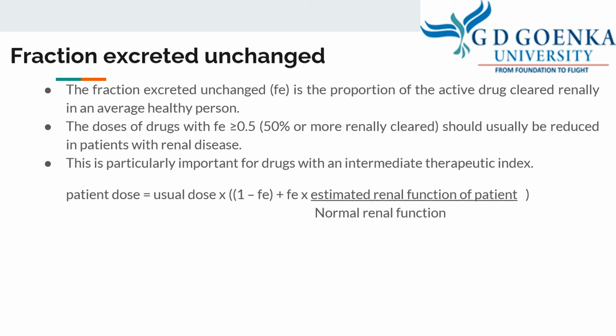Here, the patient dose can be calculated as usual dose times (1 minus Fe, that is fraction eliminated unchanged, plus Fe, fraction eliminated unchanged, times estimated renal function of the patient divided by normal renal function).